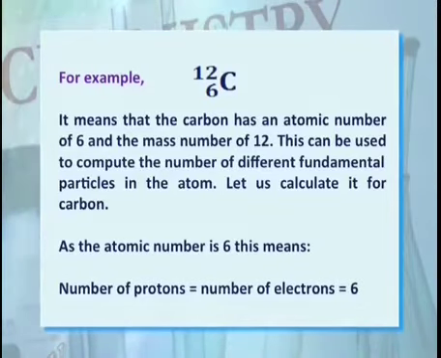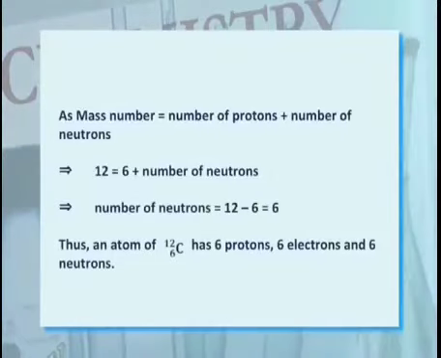As mass number is equal to number of protons plus number of neutrons, we put the relation here: 12 is equal to 6 plus number of neutrons, then we get the number of neutrons is equal to 6. Thus, an atom of carbon-12 has 6 protons, 6 electrons and 6 neutrons.